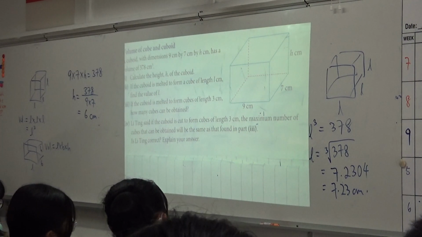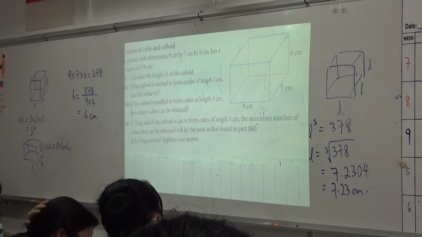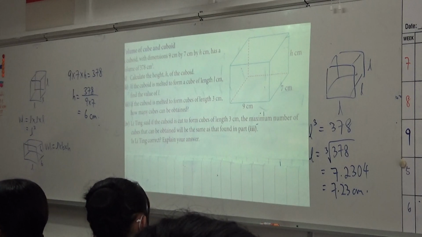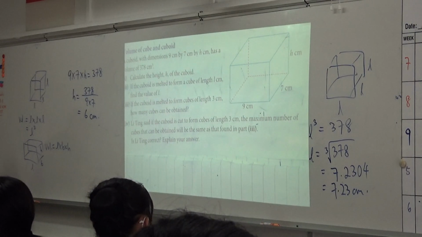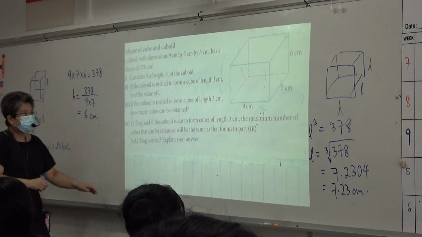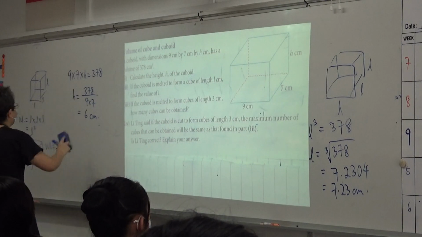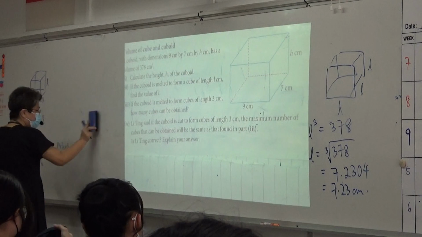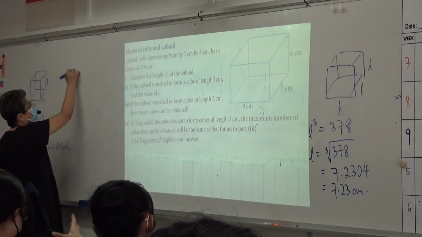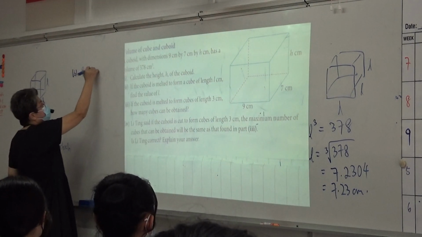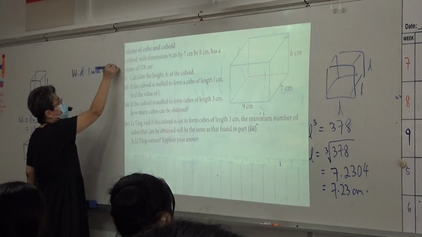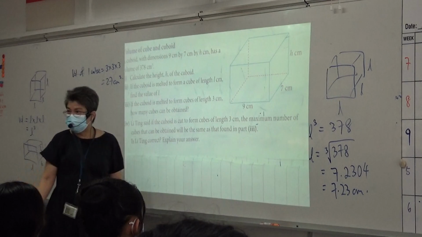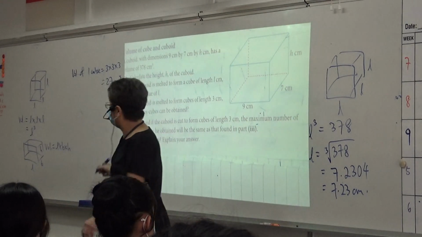Let's look at part 3. If the cuboid is melted to form cubes of length 3 cm, how many cubes can be obtained? Now, volume of 1 cube will be 27 cm cube, right? Correct.